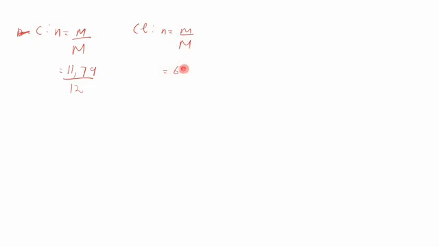It's 69.57 over the molar mass of 35.5 from the periodic table. Then we have fluorine, n is equal to small m over big M. And then we have 18.64 over 19, the molar mass from the periodic table.